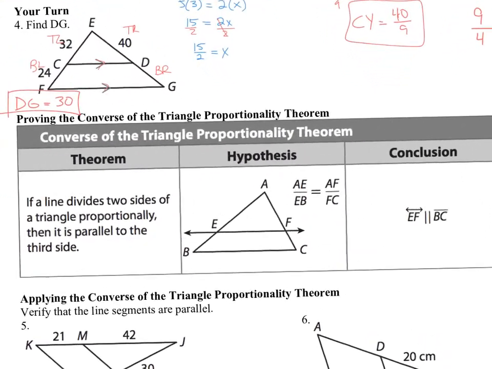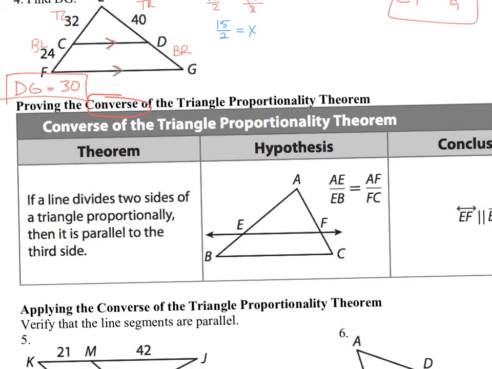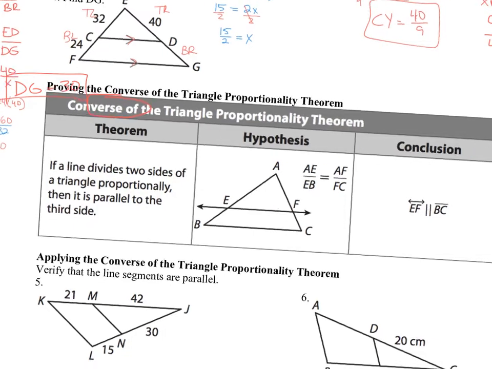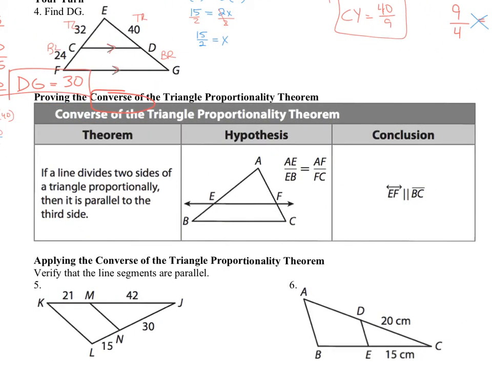So the next thing we have is the converse to the triangle proportionality theorem. Okay, sorry about that. So now we're going to work with the converse, which says the opposite.